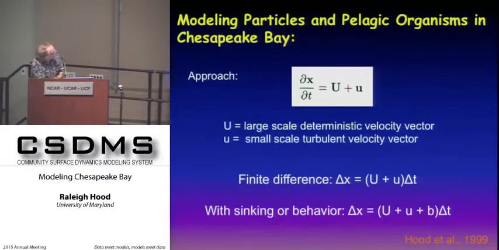And then of course you can finite difference this equation, and say, well, at each time step we can use a modeled large-scale flow field, and we can add in a parameterized turbulent kick, and we can move a particle around in a three-dimensional flow field.